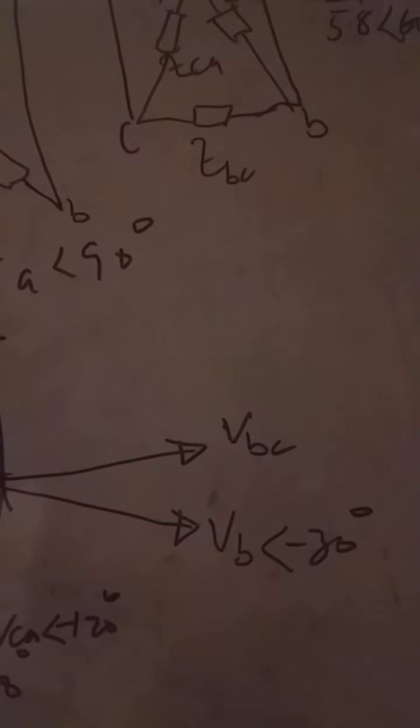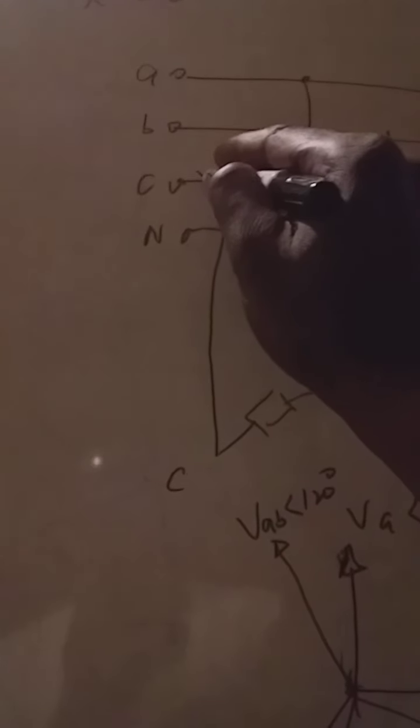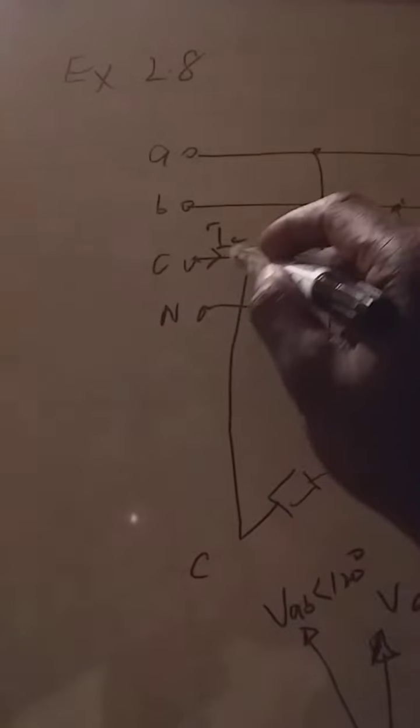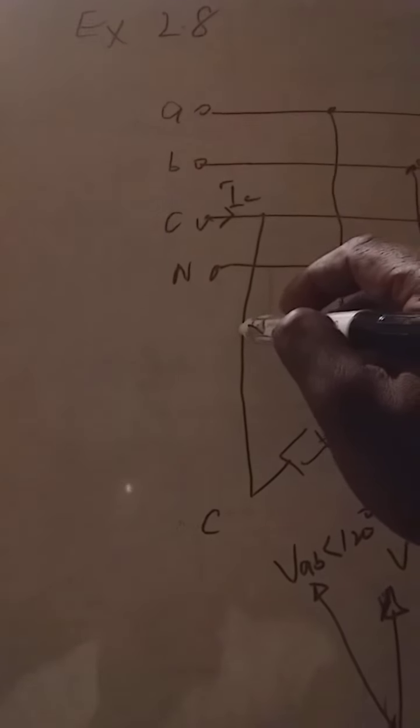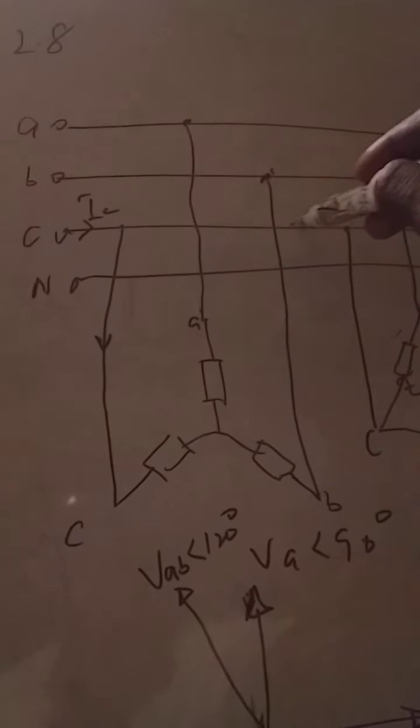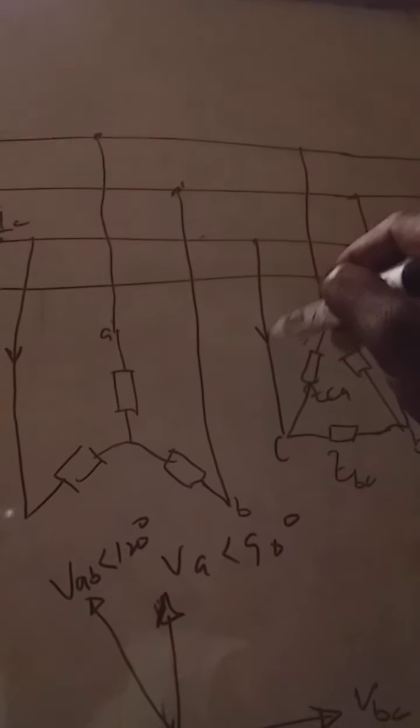Now we are asked to calculate the current flowing in line C. The current flowing in line C flows into this load, the same current from line C coming into this load.